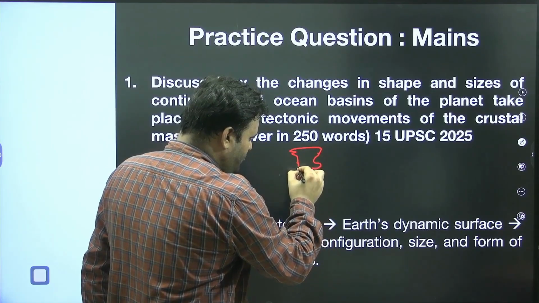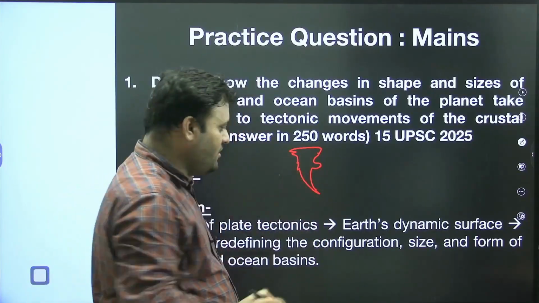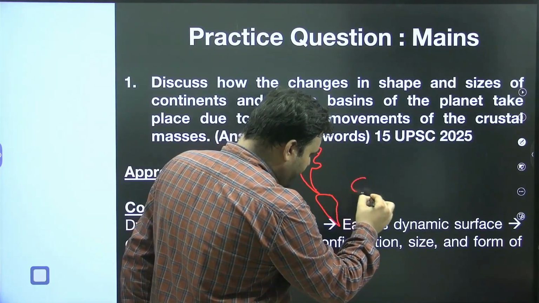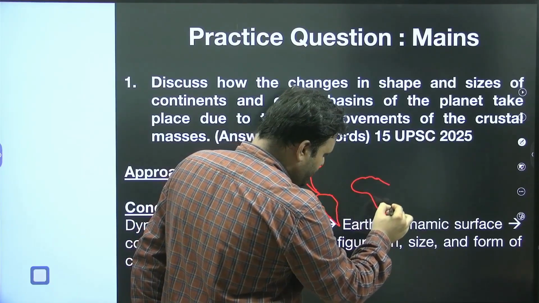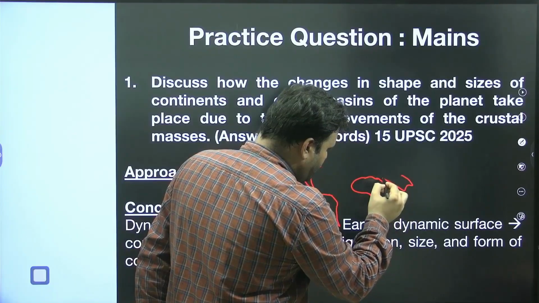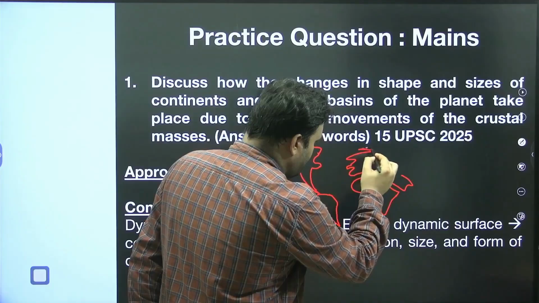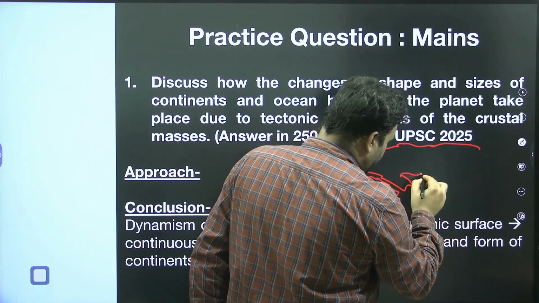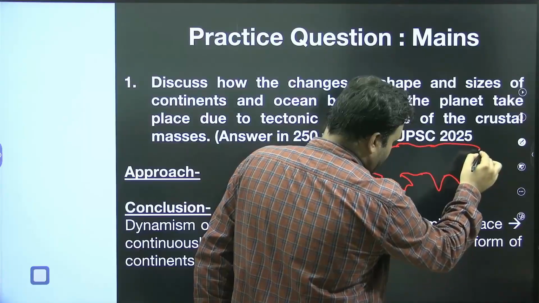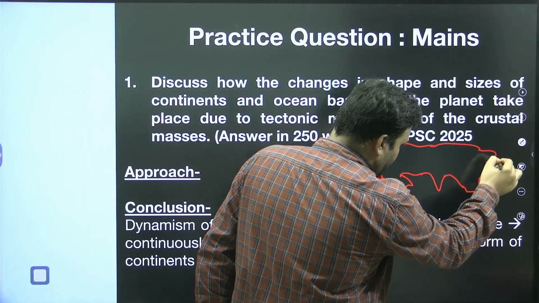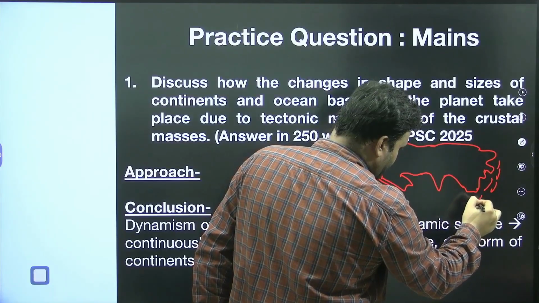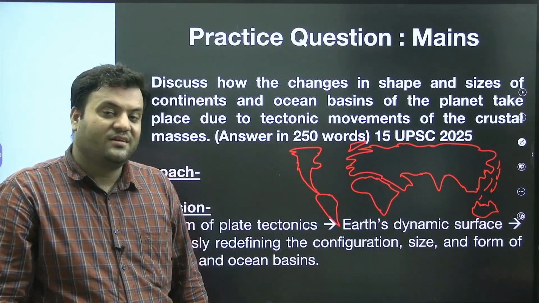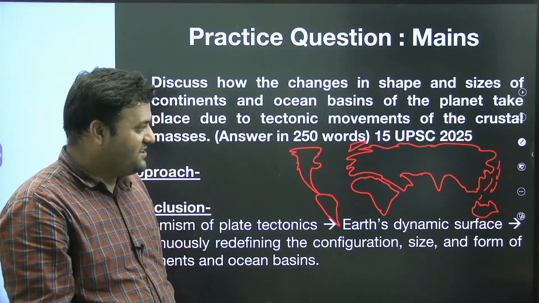Looking at the map, it should appear that Africa, and Great India, you can draw like this.